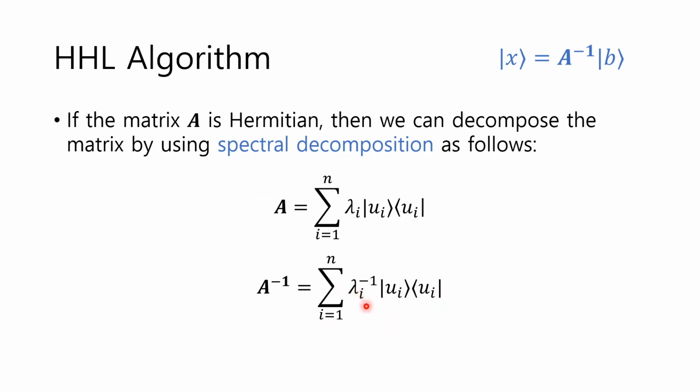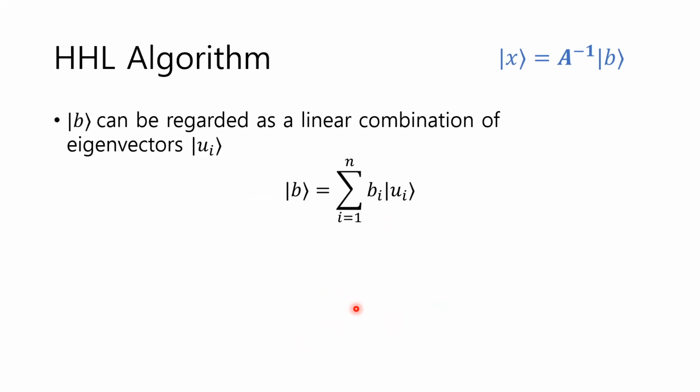The only difference is that the eigenvector coefficients are the inverse of lambda. And b can also be regarded as a linear combination of eigenvectors u_i with coefficients b_i.